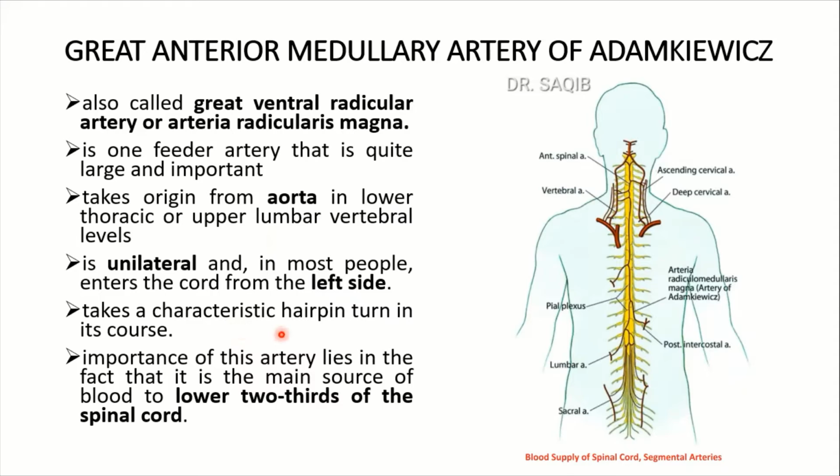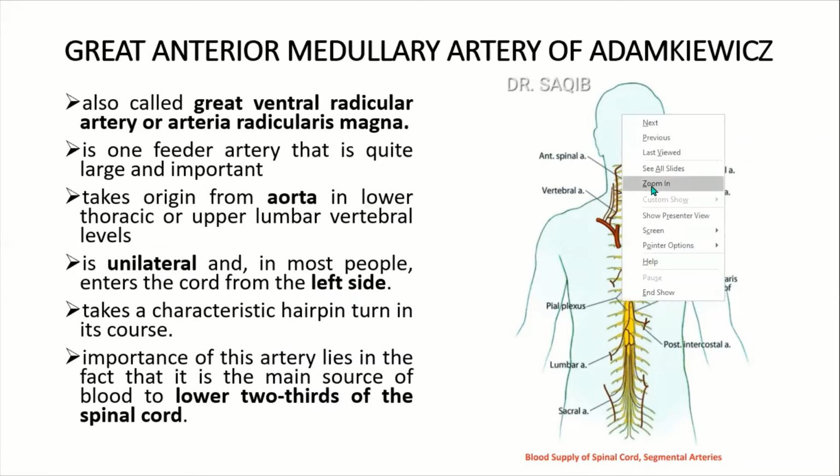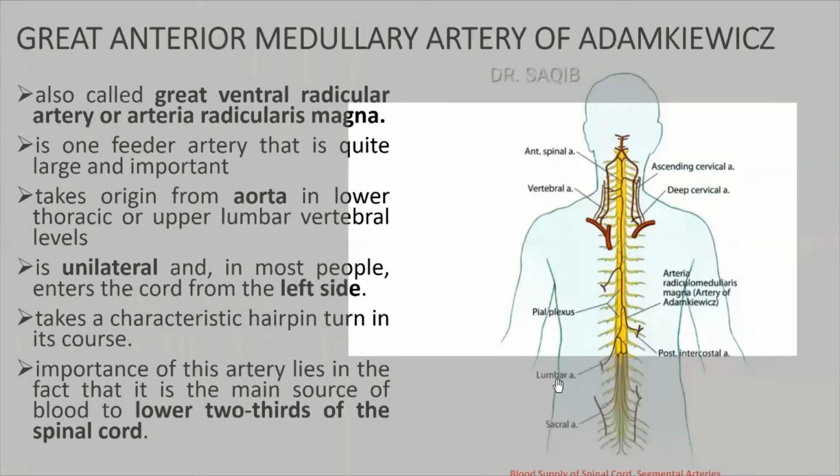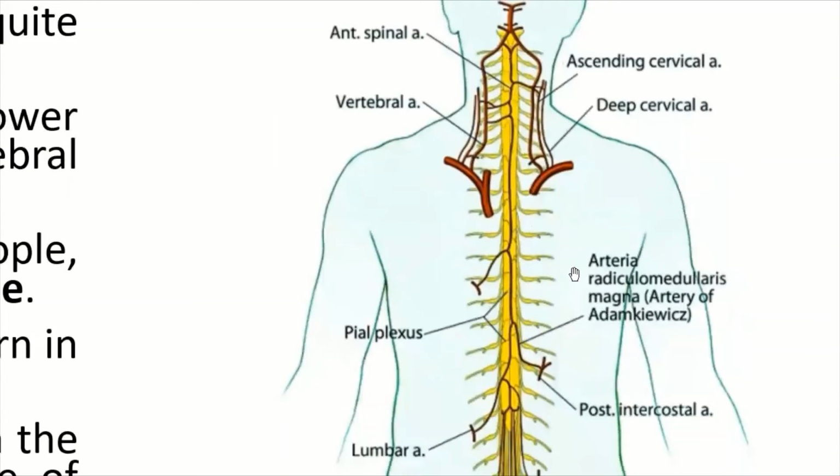It takes a characteristic hairpin turn in its course. Here you see, here is the hairpin. Now I have to zoom this picture. Here you see the arteria radicularis magna, various names, artery of Adamkiewicz. Yes, here it's coming from the aorta, and it takes a characteristic hairpin turn, here, entering into the spinal cord, right?